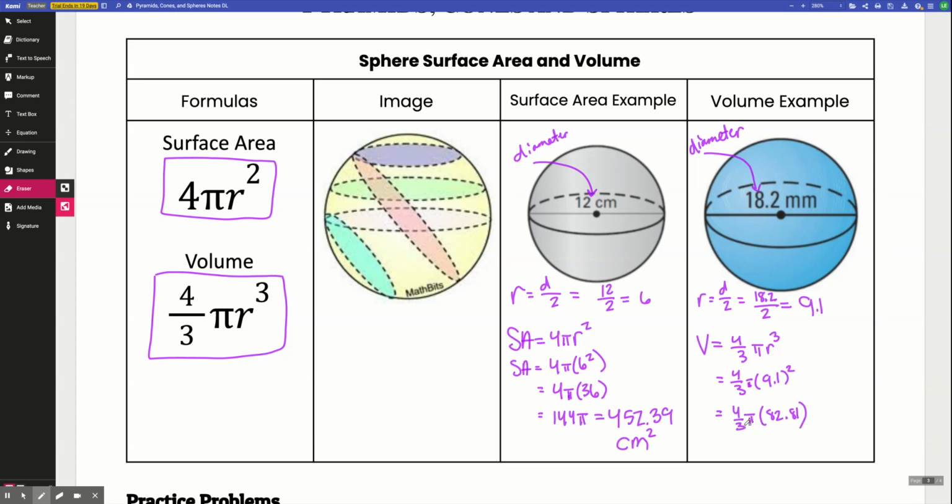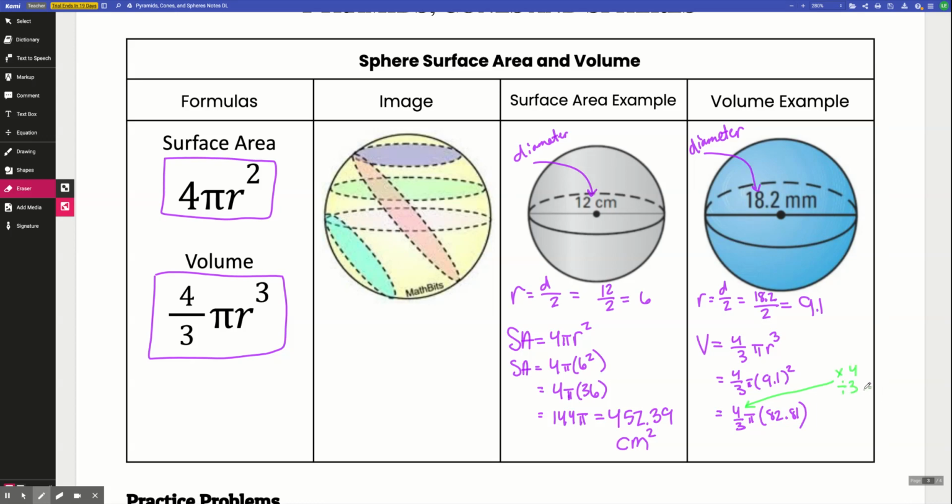Now 4/3, right? When you have 4/3 here at the front, what you're actually doing is times 4 and divided by 3.